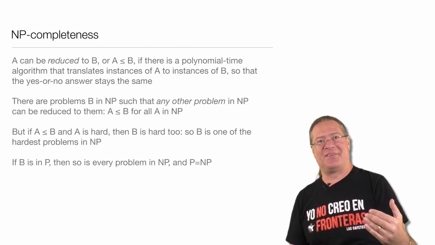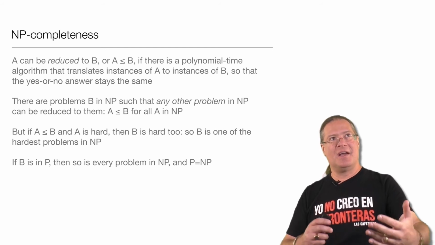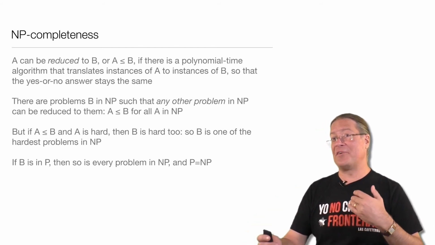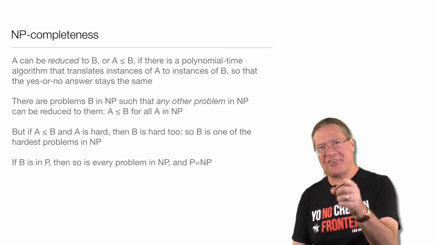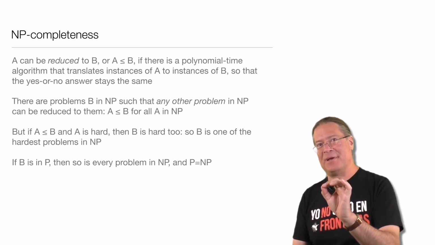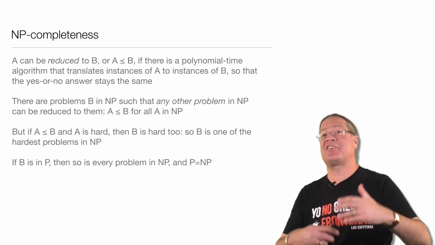What this means is that this question of P versus NP, can things that are easy to check, are they also always easy to find? We can focus on an NP-complete problem and ask just about this one, because if any NP-complete problem can be solved in polynomial time, they all can be, because it can express all of them.